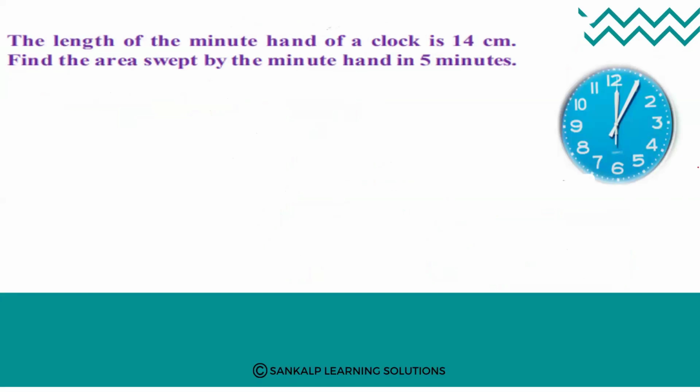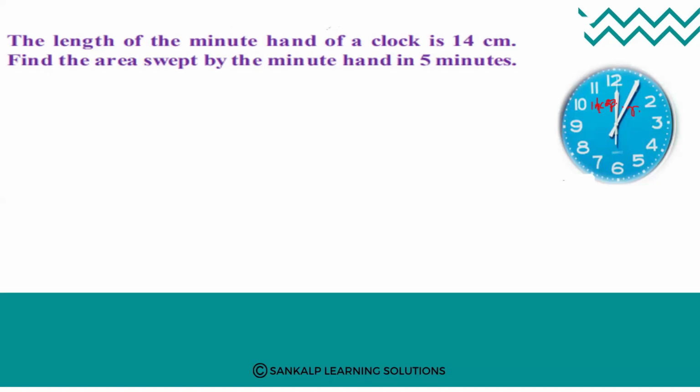In a clock there are two hands, one is the minute hand and one is the hour hand. Here the minute hand and hour hand are radii. So the length of the radius is given. Next, find the area swept by the minute hand in 5 minutes.